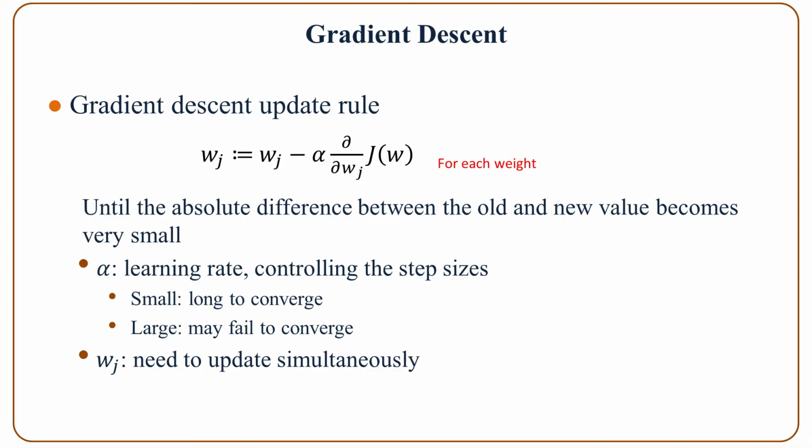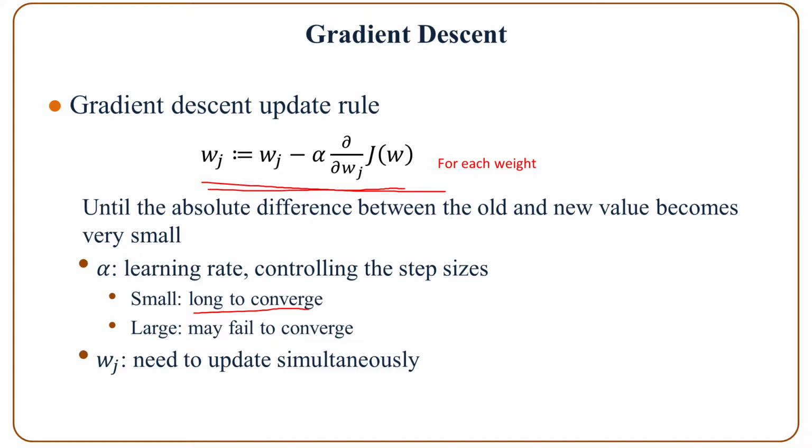The update rule is this. For each weight, we repeat until the absolute difference between the old and the new value becomes very small. Alpha is the learning rate. If it's too small, then it takes long to converge.